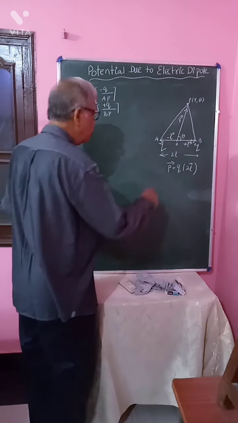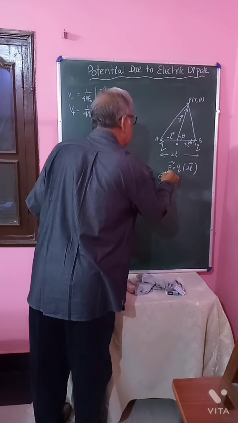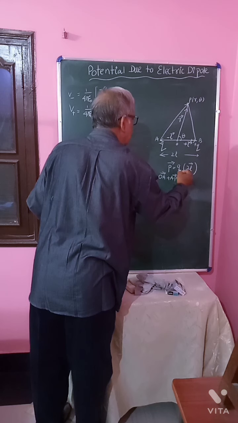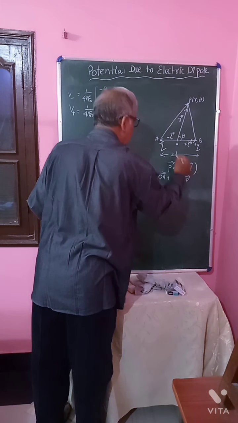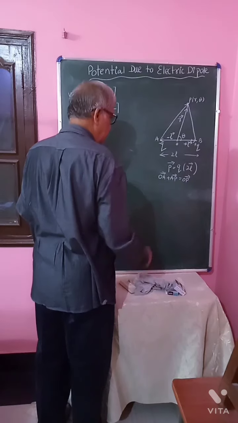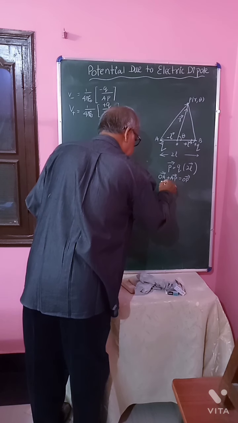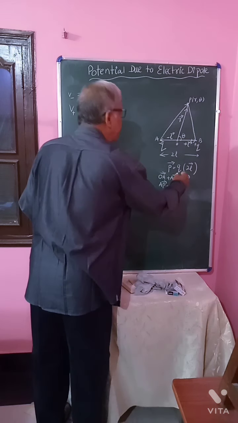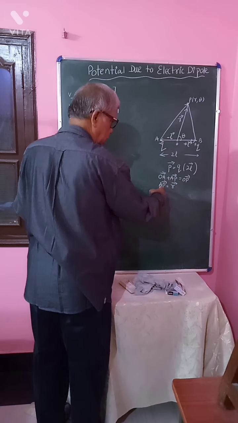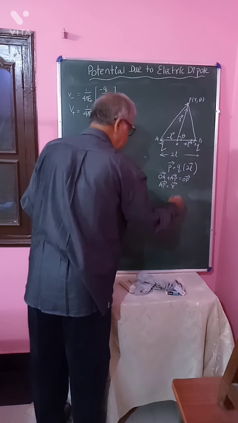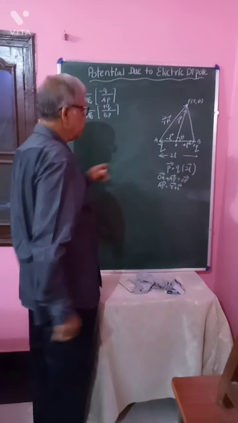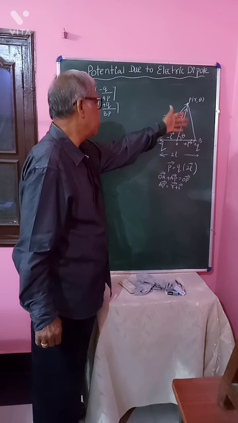As a result, OA vector plus AP vector equals OP vector, that is, OA displacement plus AP displacement equals OP displacement. So AP vector equals OP minus OA, that is r vector plus L vector.